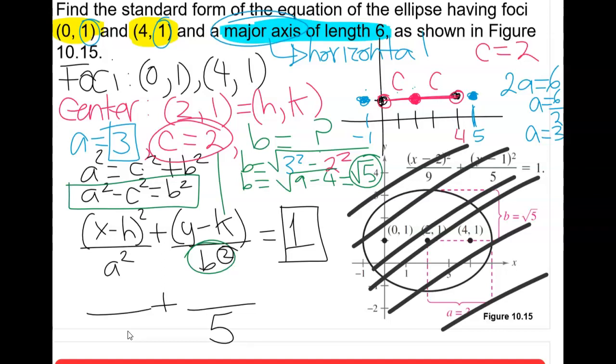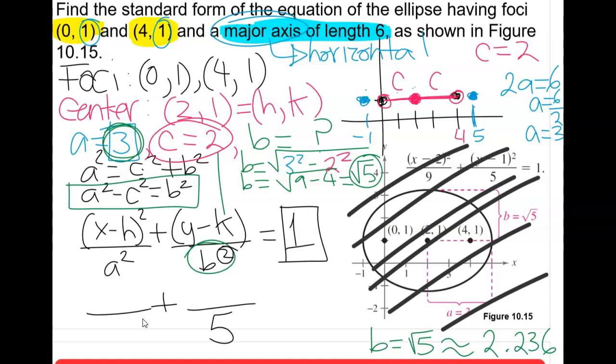And the square root of 5 is approximately 2.236. So you can see clearly that it is smaller than 3, because 3 goes with the major axis and b goes with the minor axis.